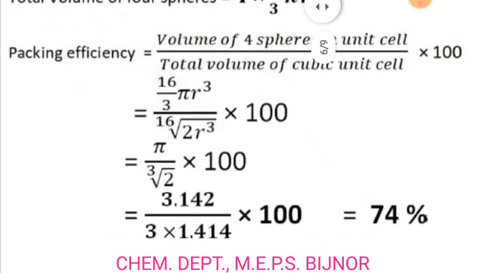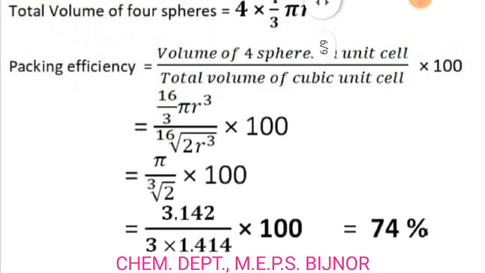So we put the value. The total volume of 4 spheres is equal to 16 upon 3 pi r cube, and the total volume of the cubic unit cell is 16 under root 2 r cube, then multiply by 100. So after the calculation, the packing efficiency of the FCC unit cell is 74%, which means the highest packing efficiency is found in the FCC unit cell.